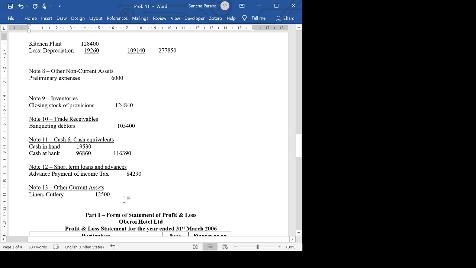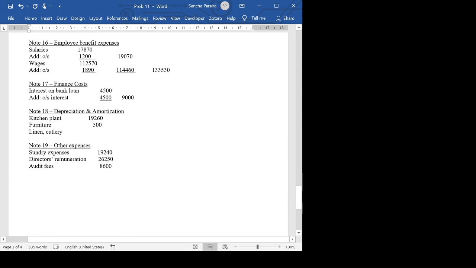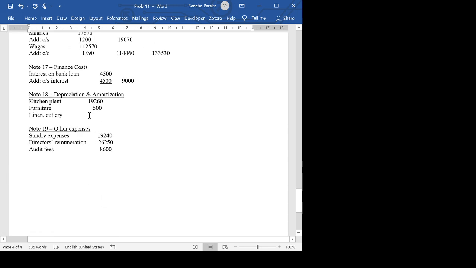The new value is 10,000. So the depreciation needed to get 10,000 would be 2,500. So here we have 2,500. So this entire thing put together would be 19,260 plus 3,000, which is 22,260.